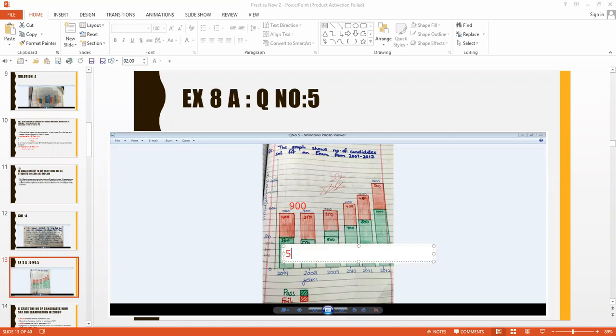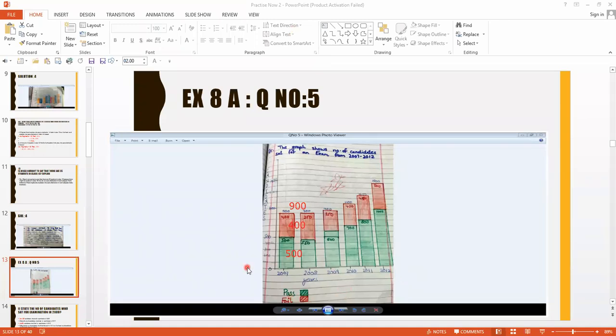I'm talking about 2007 only: 500 are pass students and 400 are fail students, so the total students are 900. Clear?